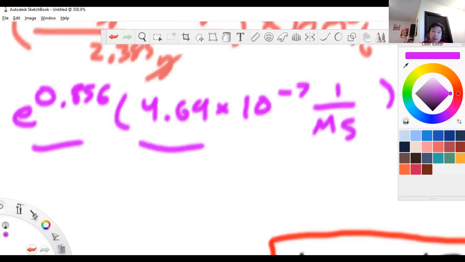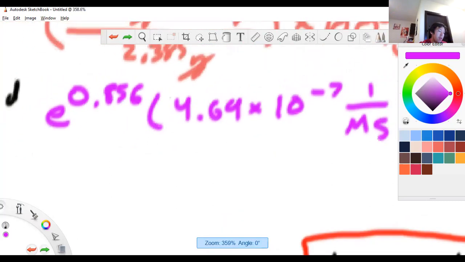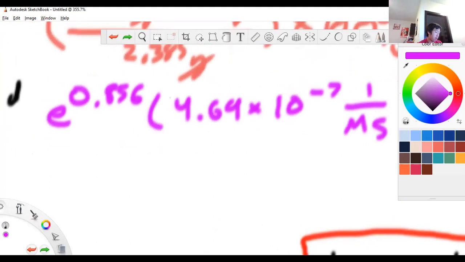This is 3. So we're going to stick with 3 sig figs. Throw it into the calculator.